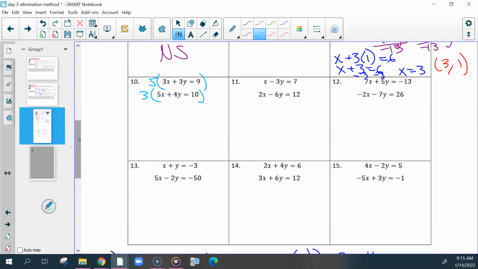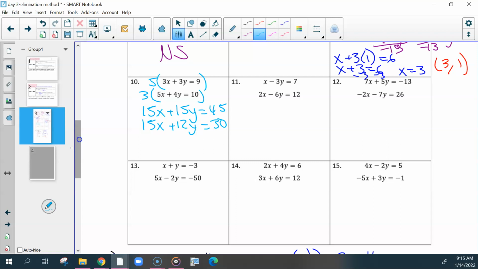So our new equations would be 15x plus 15y equals 45. And then 15x plus 12y equals 30. Now we have the same coefficient.